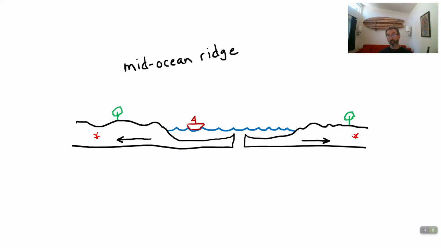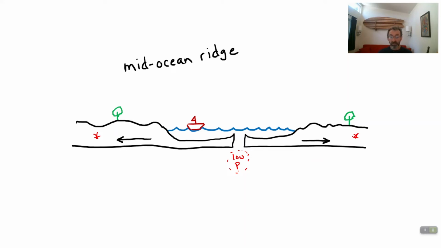Now, again, these plates are pulling away from each other, and as a result of this motion, there's a gap that is formed in between the two plates. And by the way, this area here is known as a mid-ocean ridge, which again we'll discuss in a later lecture. Now, because there's a gap as these two plates are pulling apart from each other, this is an area of low pressure. Okay, so low pressure.